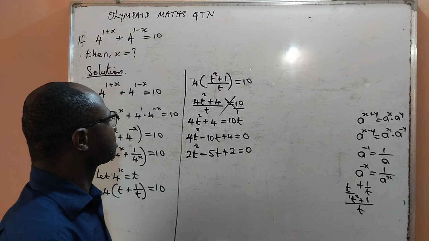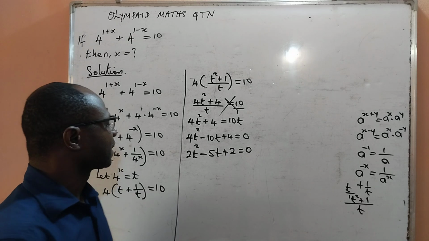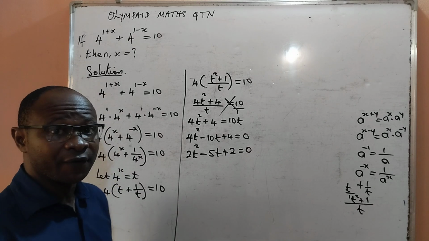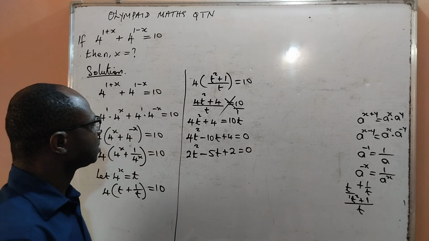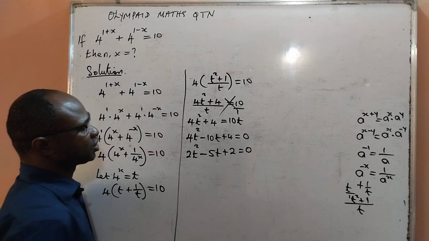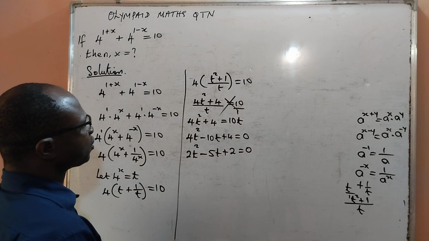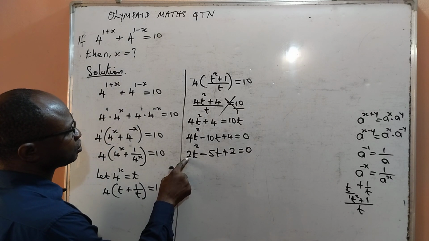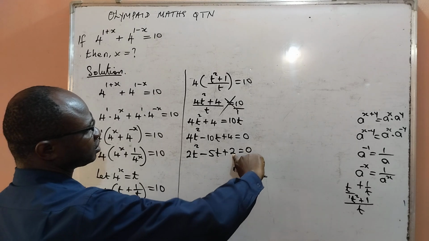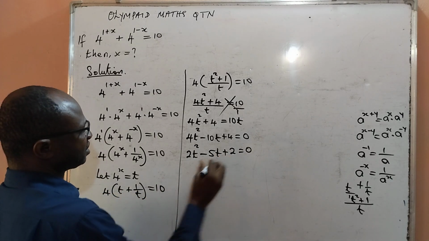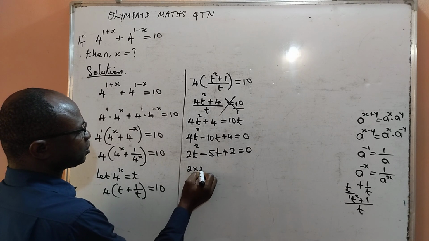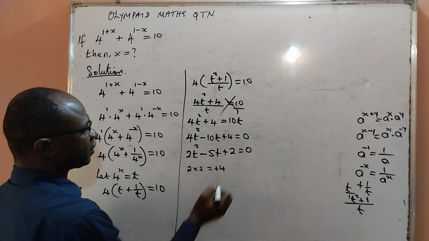Now, applying the quadratic equation formula, we have about 3 or 4 formulas, but let us go by the factorization method. To factorize this quadratic equation, first and foremost, I have to multiply this 2 by this 2. I want to multiply A by C. That means 2 multiplied by 2 will give me plus 4.